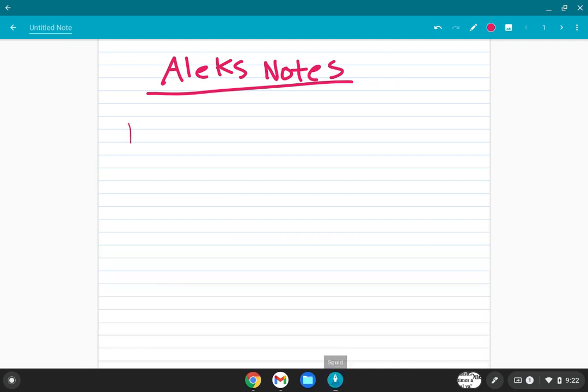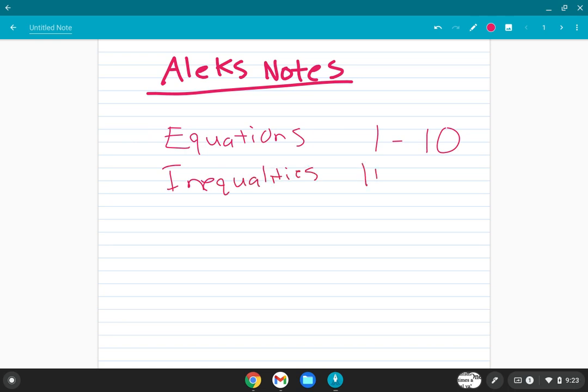So maybe page 1 through 10 is equations in your notebook. You can do that if you want. Inequalities, 11 through 20, you divide it up in whatever way makes sense to you. I don't necessarily recommend that, but here's what I am going to recommend today.